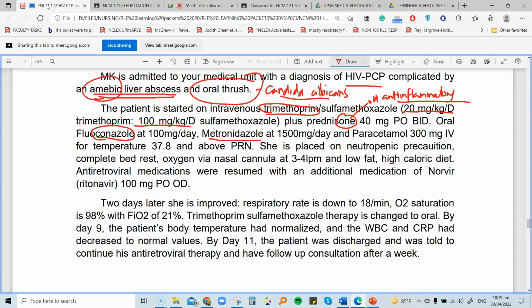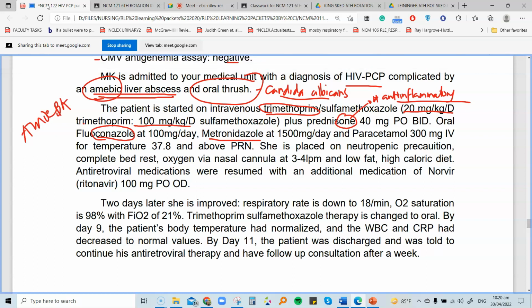Yan o. If you can remember your microbiology, sana may naalala pa kayo sa mga pinag-drawing ninyo na microbiology ninyo. An amoeba is a protozoal causative agent. Hence, your metronidazole is given to your client because there is your amoebic liver abscess.